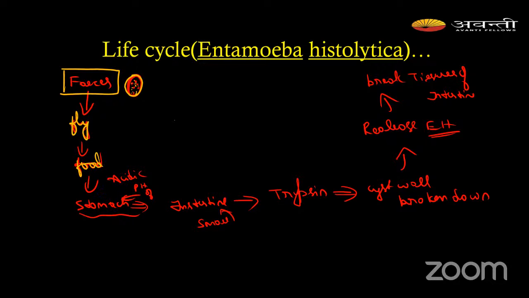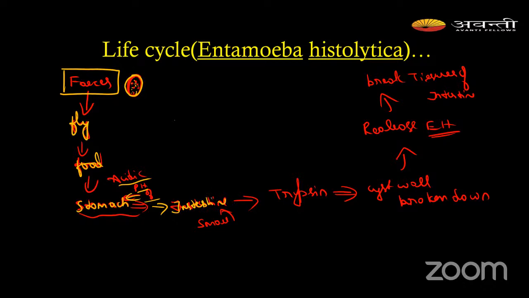When the fly sits on the food, and we eat that food without washing it, what will happen? It goes through the stomach, and in the stomach the cyst wall is very stable and is not broken by the acidic pH. Later it moves to the intestine.